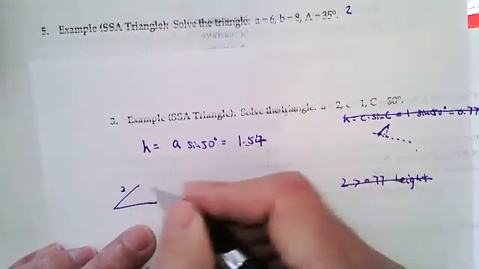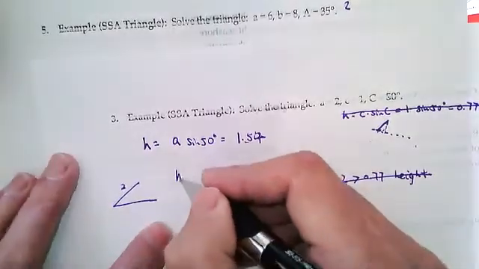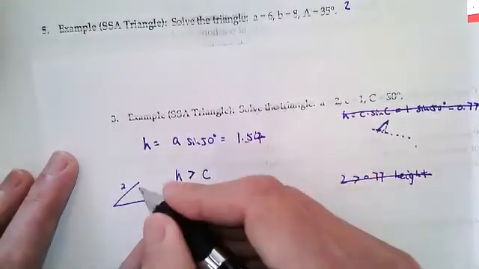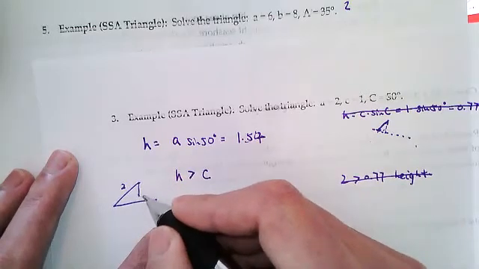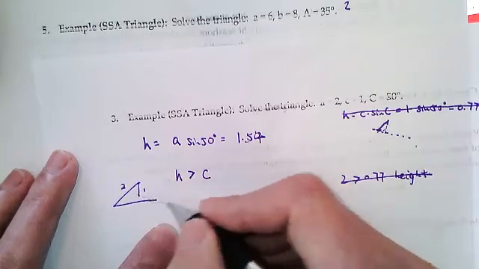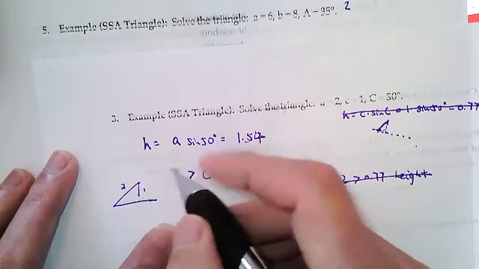However, the height is 1.54 already. The height is greater than C. So let's say C is here. No matter how you move C, because C is just 1 and the height is 1.54, C can never touch this side.